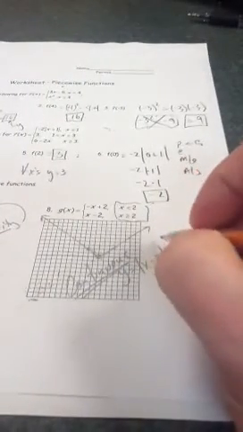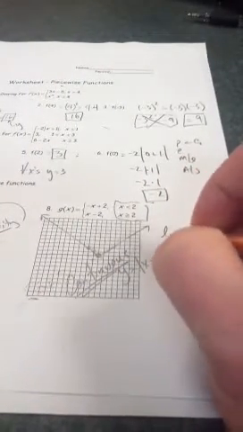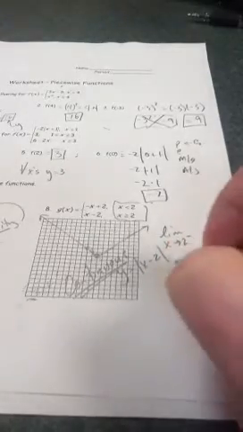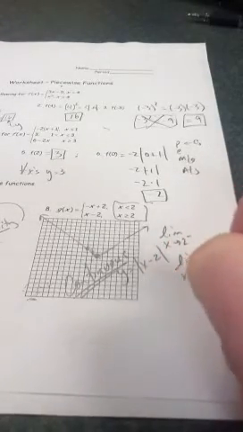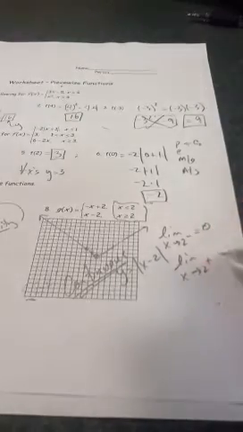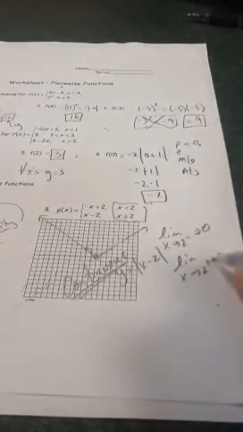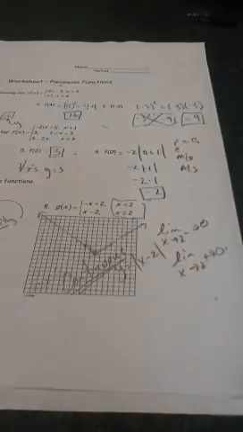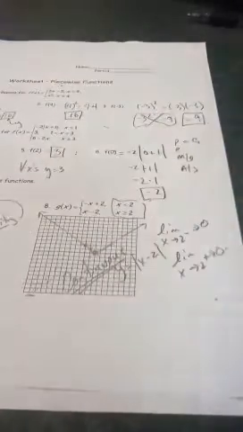Remember those in my class? We're looking at the limit as x approaches 2 from the left, and the limit as x approaches 2 from the right, and in both cases they equal 0. So since they both equal 0 from the left and right, this is a continuous function. Okay, let's move on to the next one.